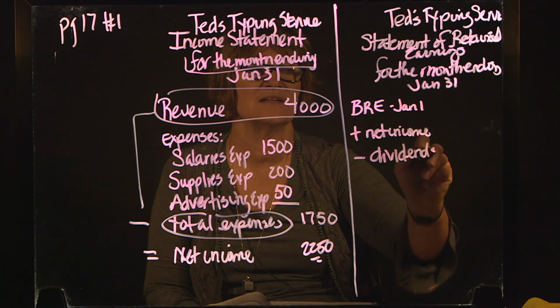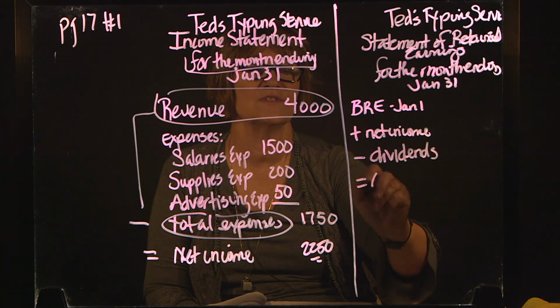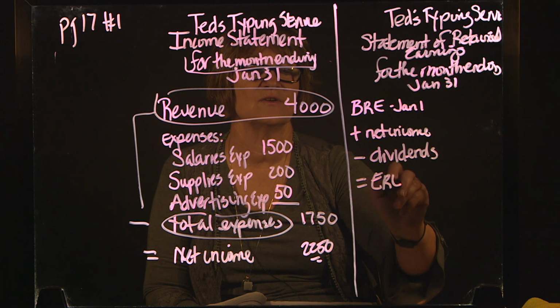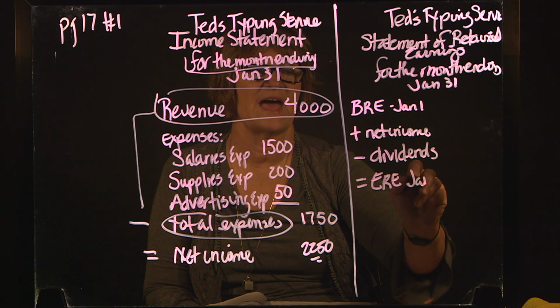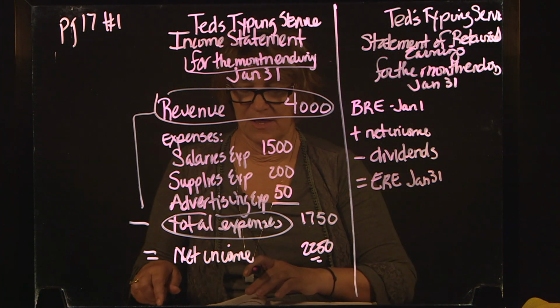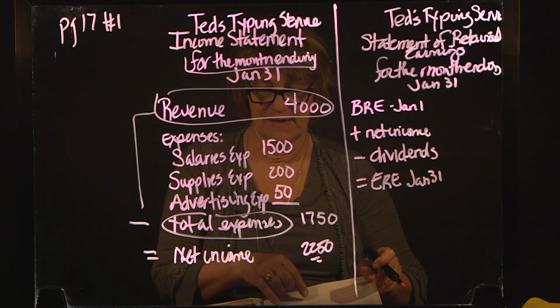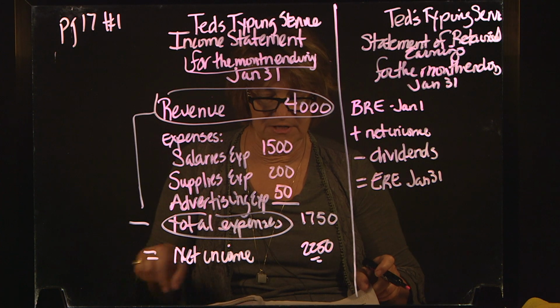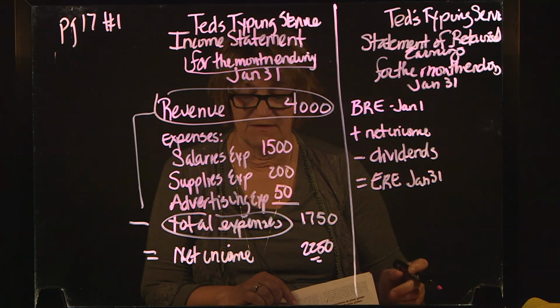We'll talk about what that is here in a minute, equals ending retained earnings. So this would be as of January 31. Okay? So let's talk about what these words mean, okay?